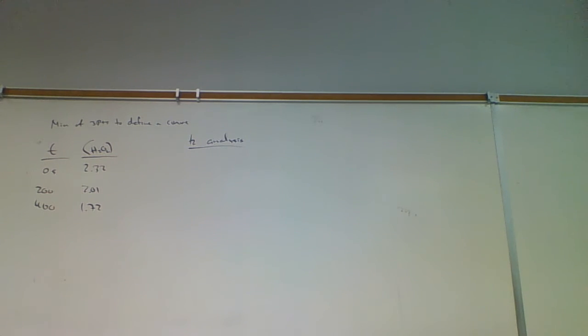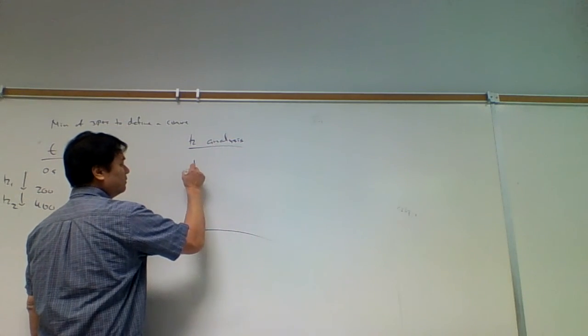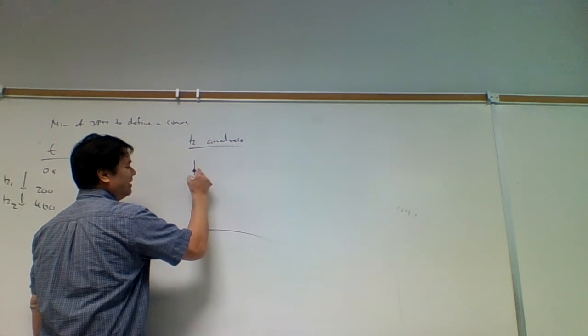So what we'll do is, from 0 to 200, we'll call it K1, and from 200 to 400, we'll call it K2. So we're looking at the 2 intervals here.